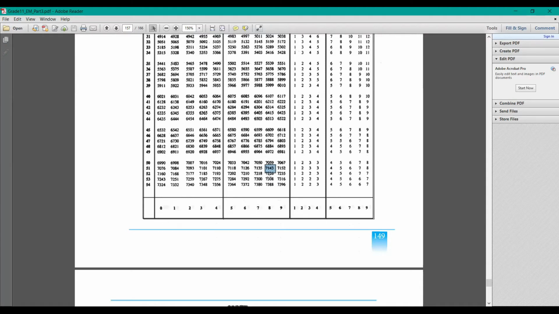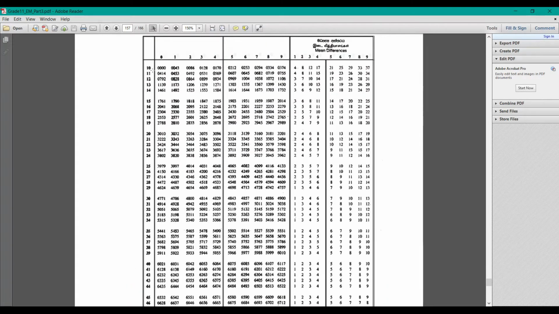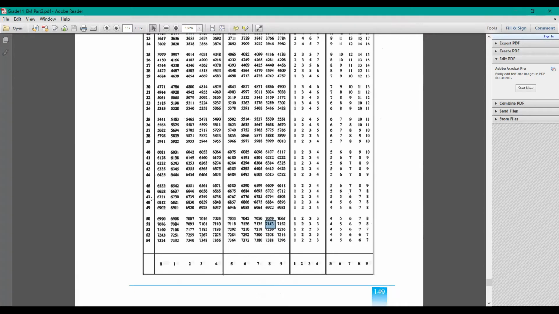So 0.7143 is the logarithmic value of 5.18. In log tables, these values are 1.0, 1.1, 1.2, 1.3, likewise. So similarly, here it is 5.18. So the logarithmic value of 5.18 is 0.7143.